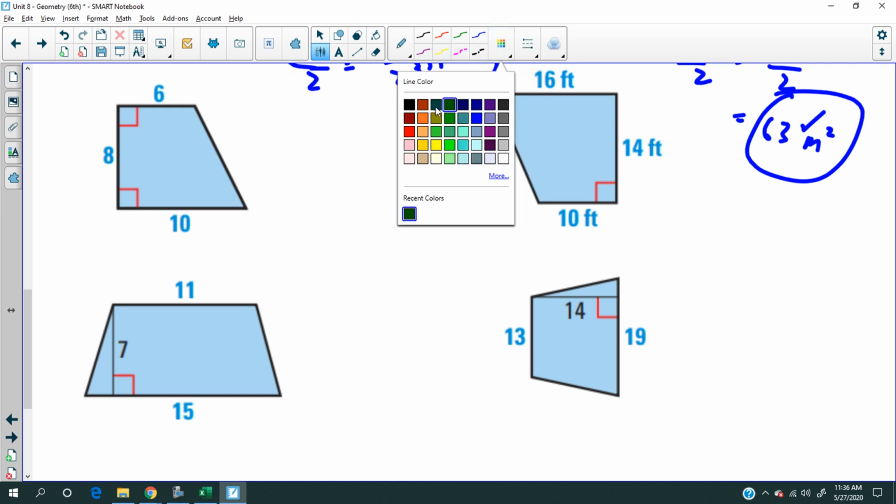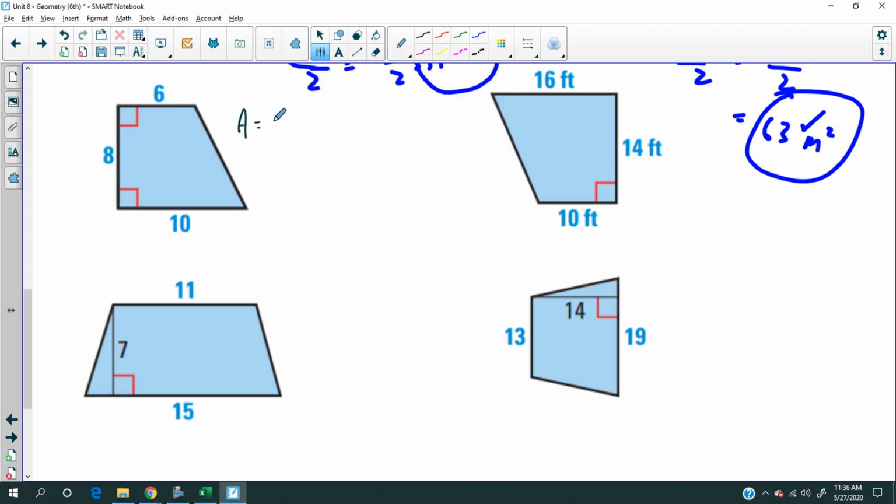Okay, let's start. So for this one, again, the area of a trapezoid is base 1 plus base 2 times height divided by 2. Remember, every time you do this, rewrite the equation. That's how you're gonna have to remember it. There's no shortcut to this. Times height divided by 2.